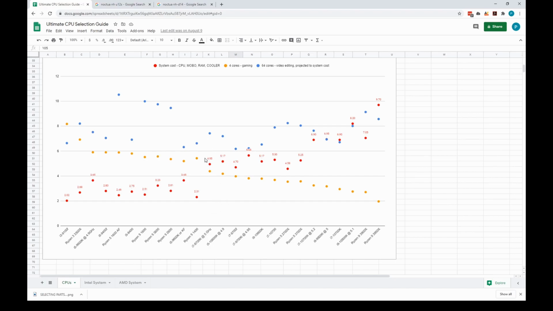After this point, all of these are strictly for your multi-core performance, and I wouldn't really consider these for gaming. You can buy them for gaming, but you're not going to utilize the full potential of your processor. You're just basically going to overpay for things that you're not going to use. I guess it's up to you if you can afford this price range.